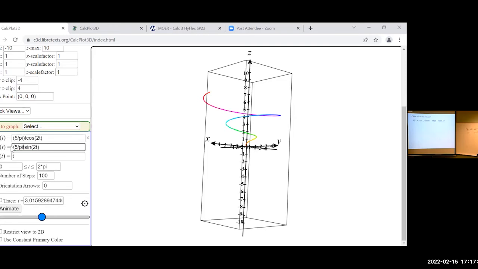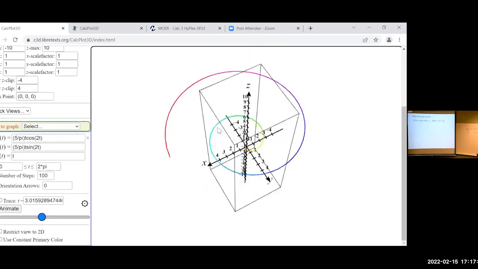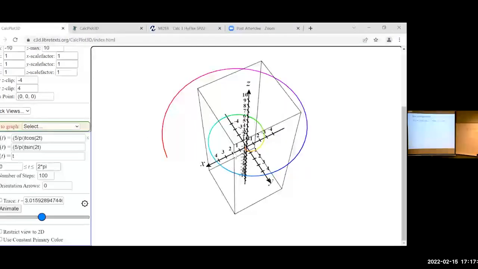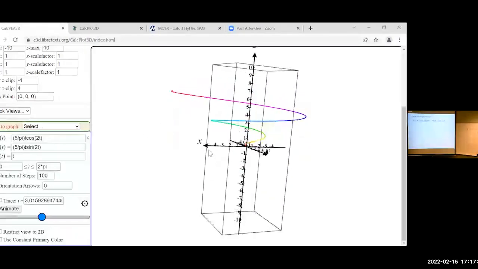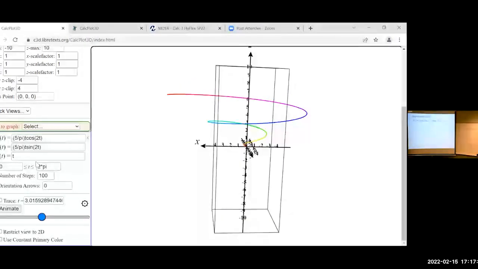I don't quite have the graph out long enough for us to see that, but if we're going up to 2 pi on this one, we know that 2 pi times 5 over pi is going to give us 10. So we're going to end at 10.